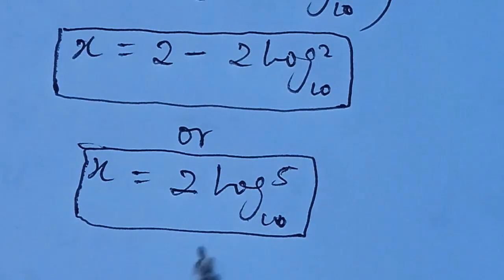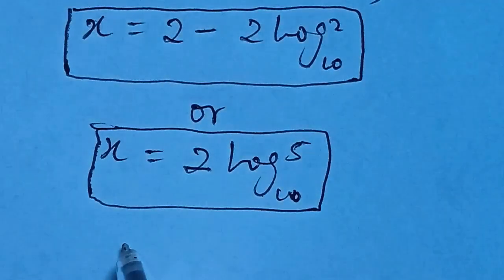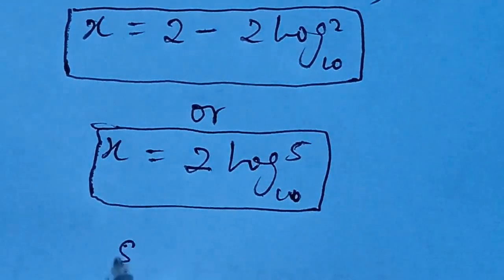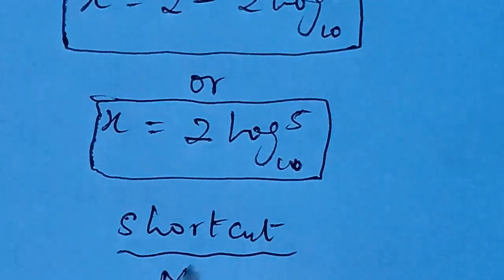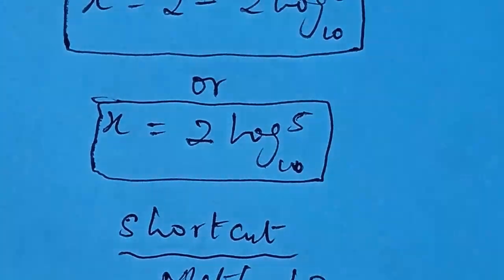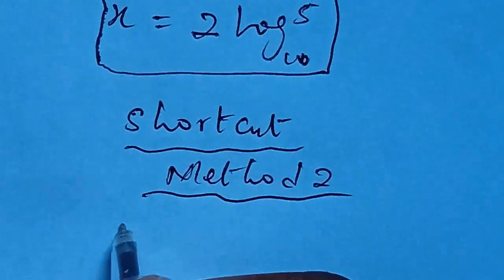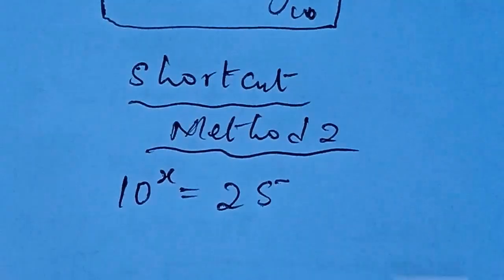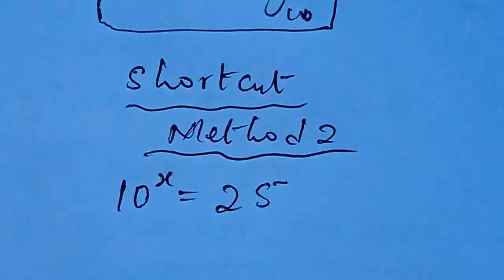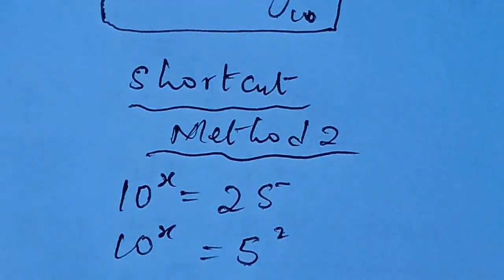Another thing we are going to learn from this question is that we can use another shortcut method, which is method 2. Using this shortcut method, from our question, we have 10 to the power of x equal to 25. So we can simplify the right hand side as 10 to the power of x equal to 5 to the power of 2.